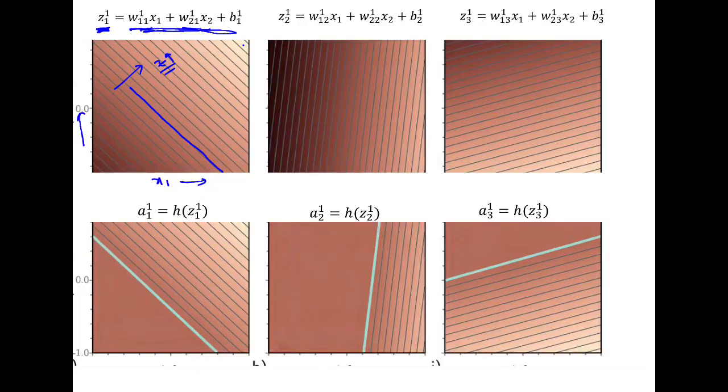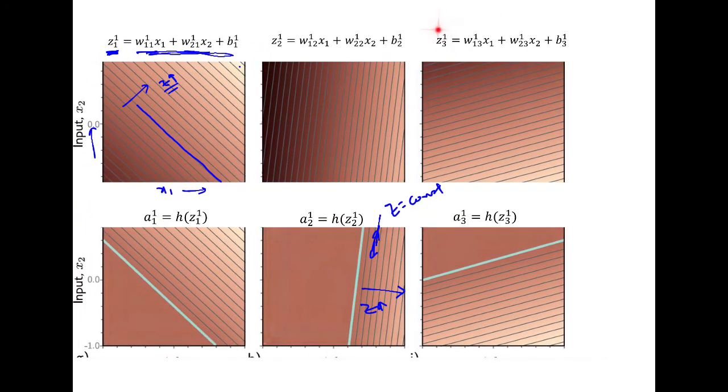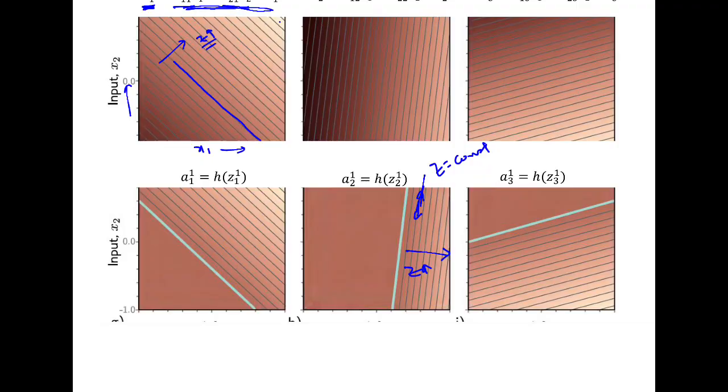And here it is increasing. So that's the direction of increase of Z, and this is the direction of Z equal to constant along these lines. And similarly, I can think of a third neuron and the activation functions like that. This is clear? Yes.